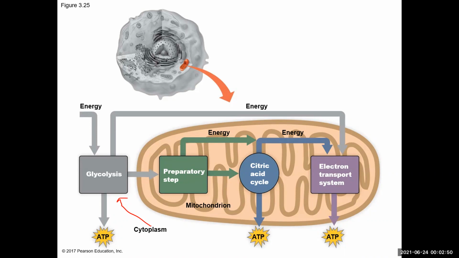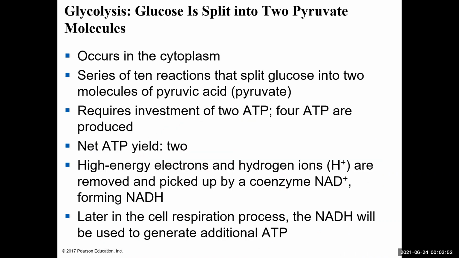All right, so glycolysis in the cytoplasm. Glycolysis occurs in the cytoplasm. There's basically 10 reactions that take glucose and split it into 2 molecules. The key thing with glucose is it's a 6-carbon molecule, right?